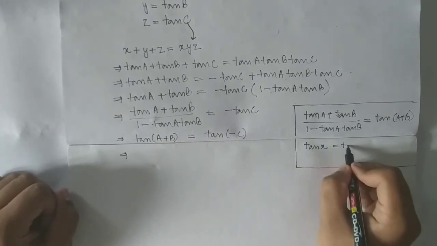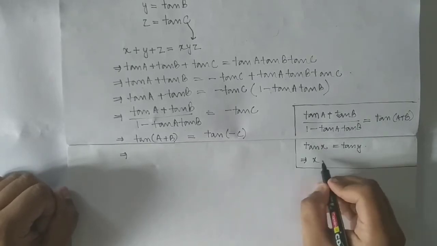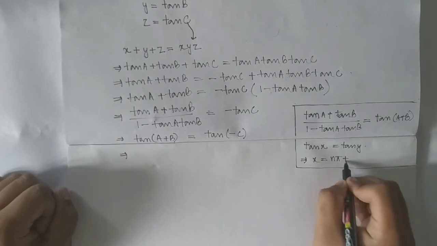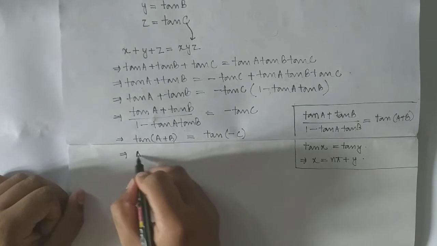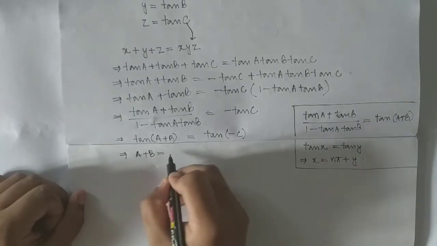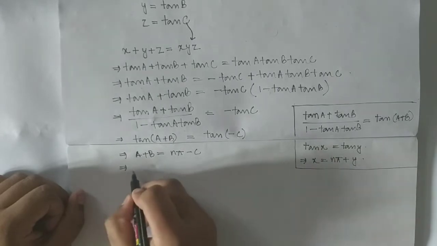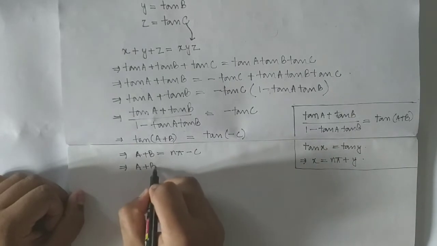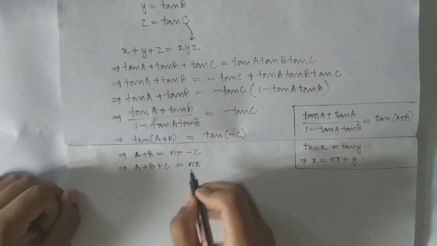If tan of x is equal to tan of y, then in that case I can write x is equal to n pi plus y. So in this case I can write A plus B is equal to n pi minus C. So this implies I can write A plus B plus C is equal to n pi, and let me keep this equation.